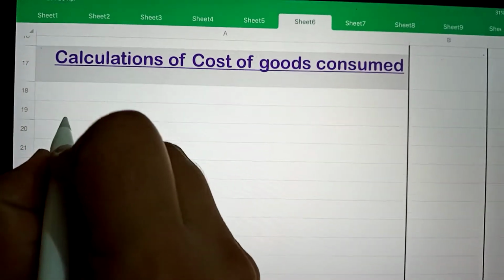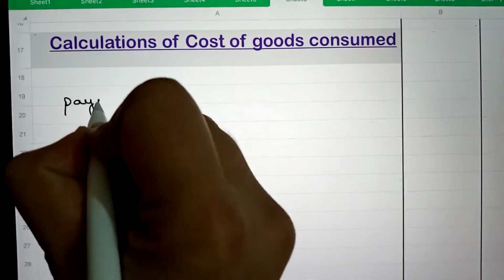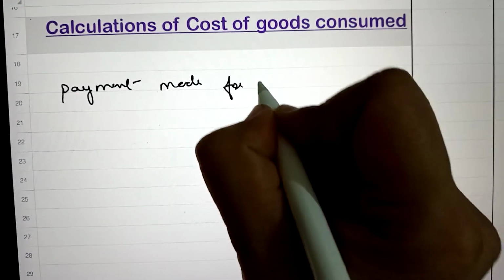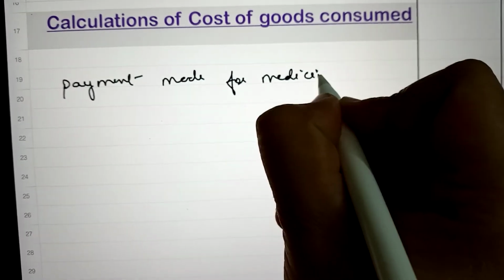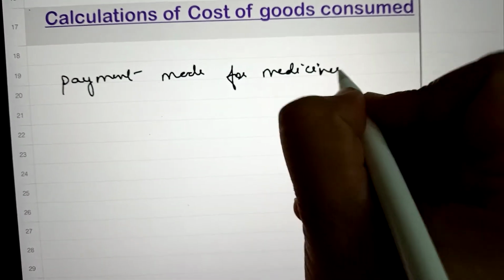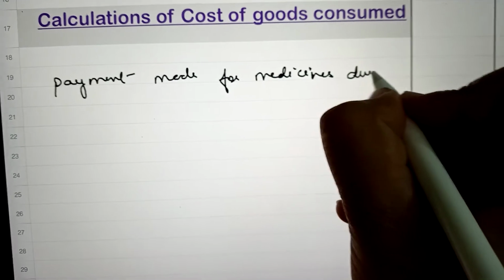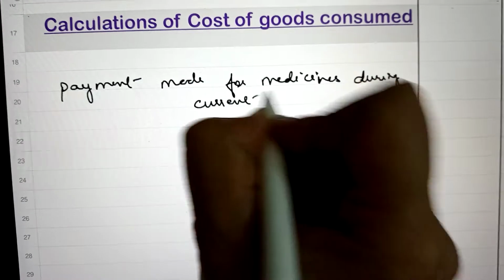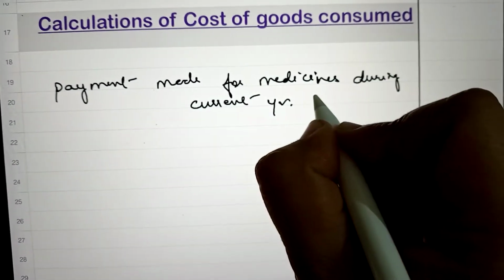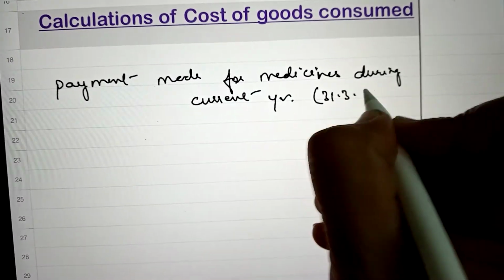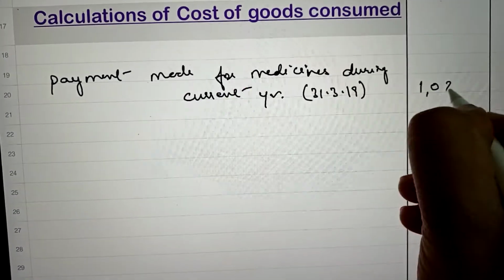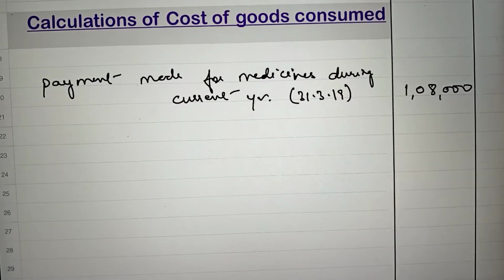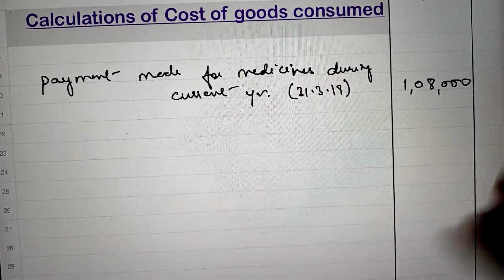So here we will write payment made for medicines during current year is given 1,08,000, and the next information is given about opening and closing stock.